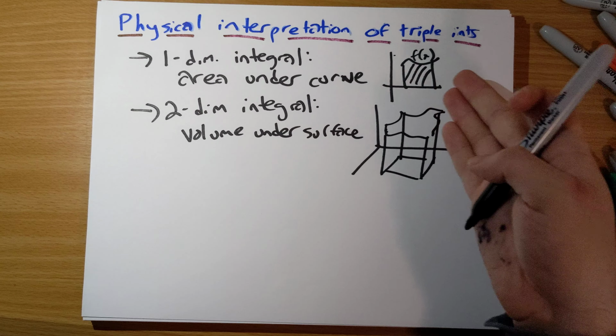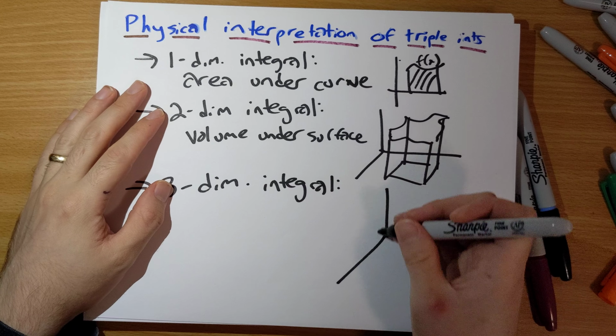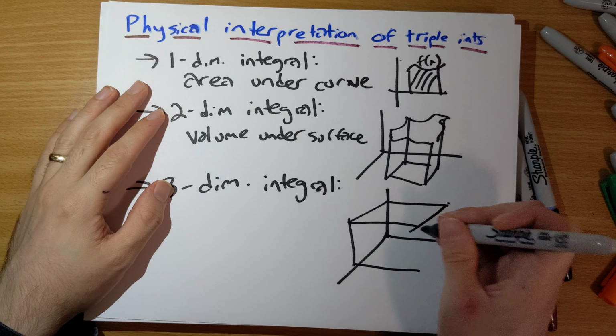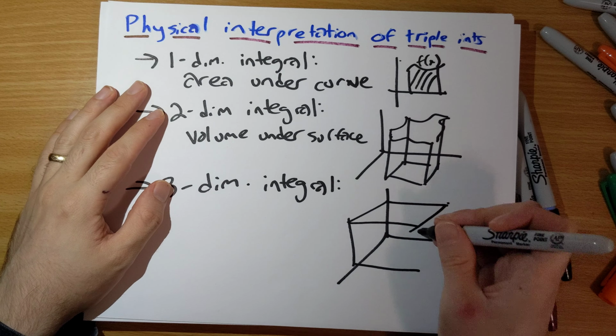And so all of a sudden, if we start thinking about a three-dimensional integral, the region that we're integrating over already is three-dimensional, and it feels like we're ending up with some kind of four-dimensional object here. That one-dimensional integral gives us area, a two-dimensional object.